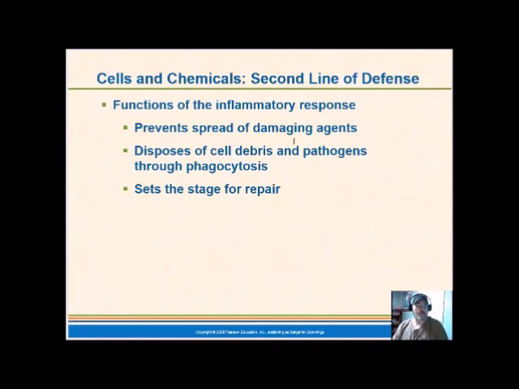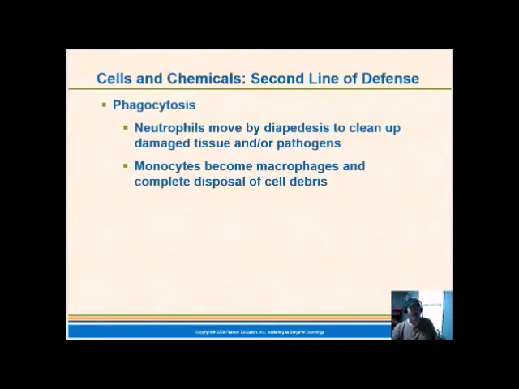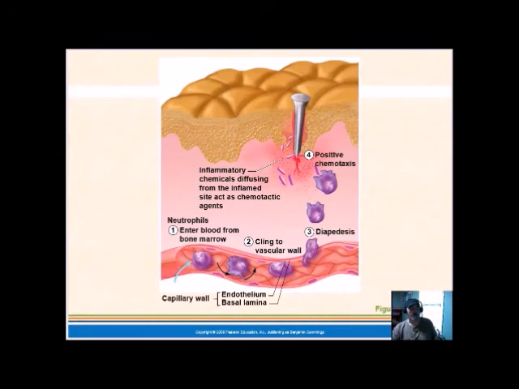So, functions of the inflammatory response. Basically prevents spreading of the damaged agents, disposes of cell debris and pathogens through phagocytosis, and sets up a stage for repair to occur. And here's just a graphic to show kind of what can happen. You get a nail attack, a splinter, something like that that goes in, damages the tissue.